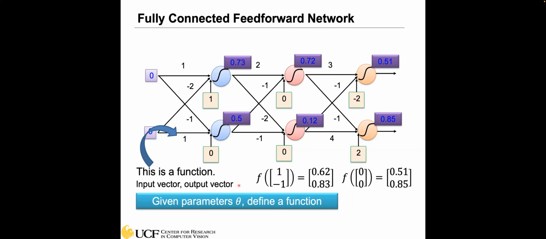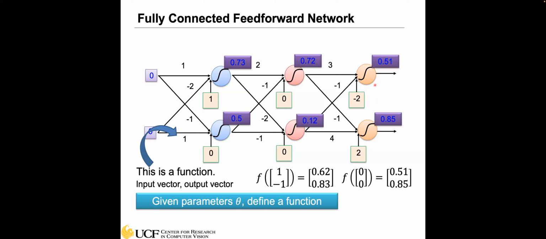So basically now we can say that given these network parameters, we are able to define a function. If these weights are changed, let's say I change this to 0, this maybe to 5, and so on, if any of these weights or parameters is changed, then we essentially define a different function, because these weight changes eventually change your final output.